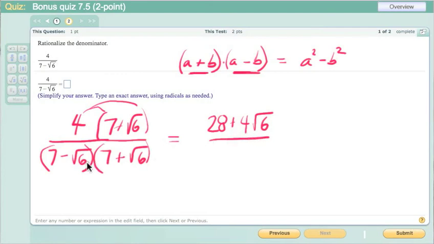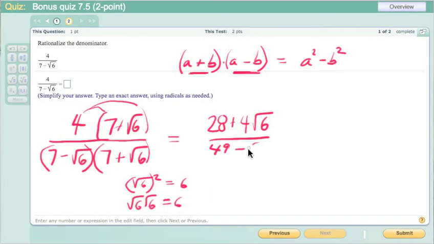Now on the bottom, remember, it's just going to be the first term squared minus the second term squared. The first term squared is 49 minus the second term squared, which is radical 6 squared. Now for me, that's immediately going to be 6, but if you don't see that, you have this situation. Radical 6 is the number that times itself is equal to 6.